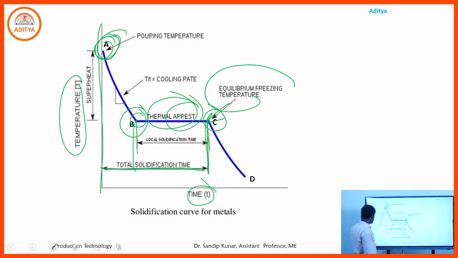We also see the cooling rate, denoted by capital T over small t, which is the slope.